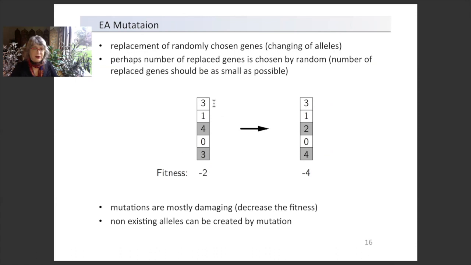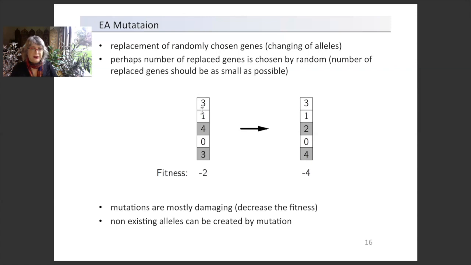Consider this chromosome and suppose that in the operation these genes are chosen to be updated. After the update operation, the content of this one may become 2, for example. It was 4 previously. And the value of this gene may become 4, which was 3 previously.